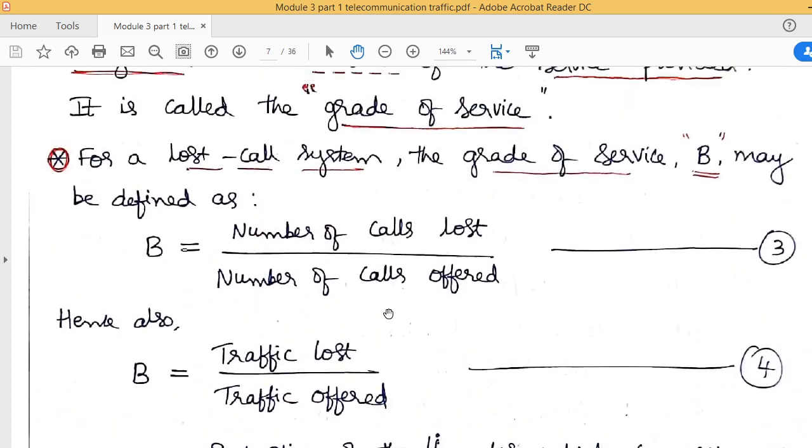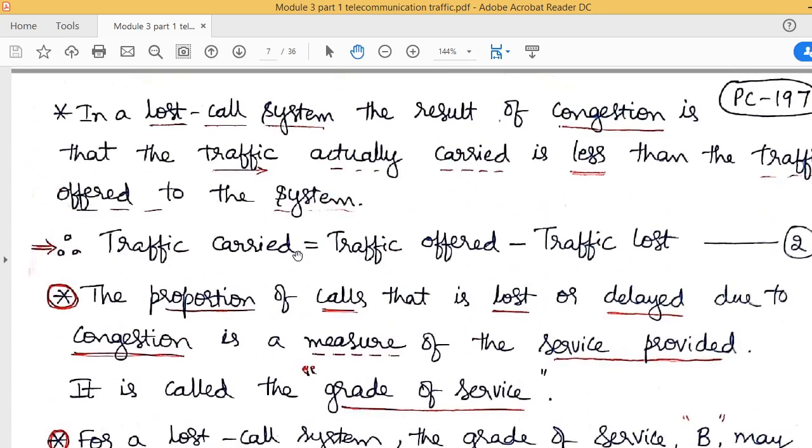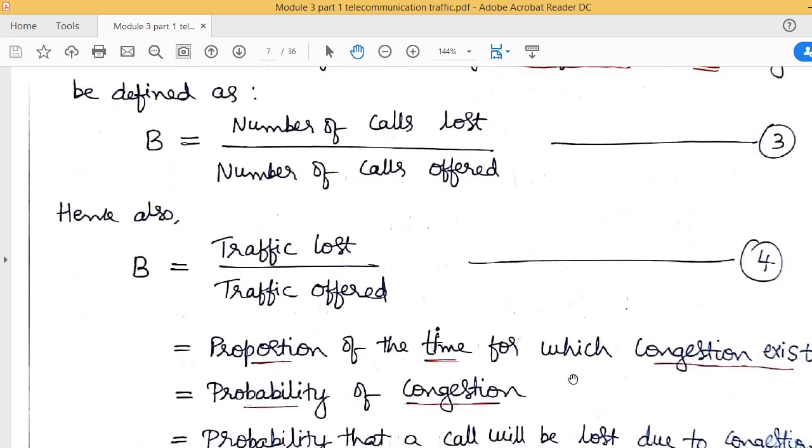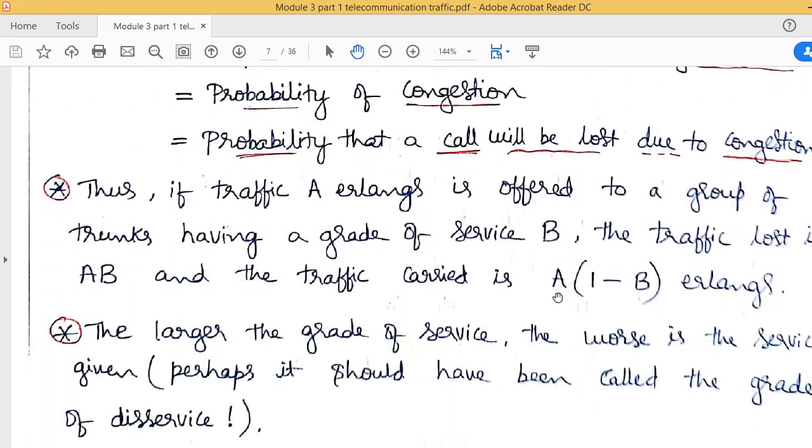So traffic carried will be traffic offered, which is A, minus traffic lost, which is AB. A minus AB, taking A common, can be written as A into 1 minus B. So this is the traffic carried by the telecommunication system.